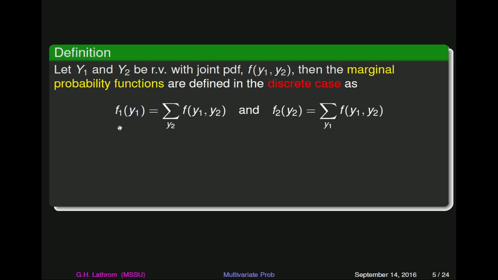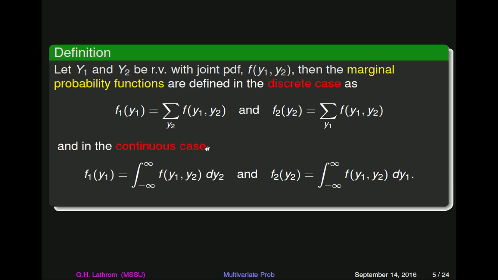The marginal probability function for y sub 1 is going to be the sum over all possible y sub 2's of our joint PDF. The marginal probability function for y sub 2 is given by little f sub 2 of y sub 2, and we get that by summing over all possible y sub 1's for our joint PDF.